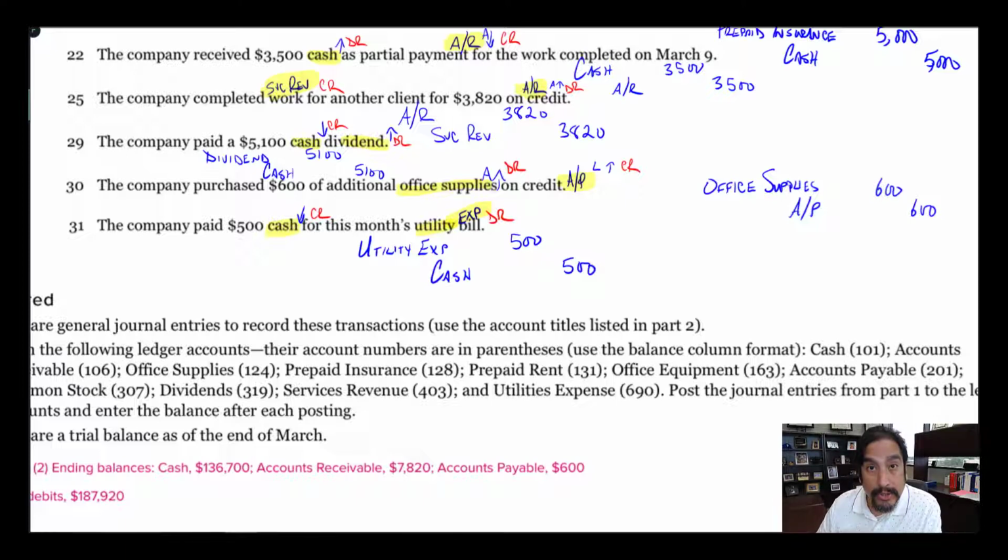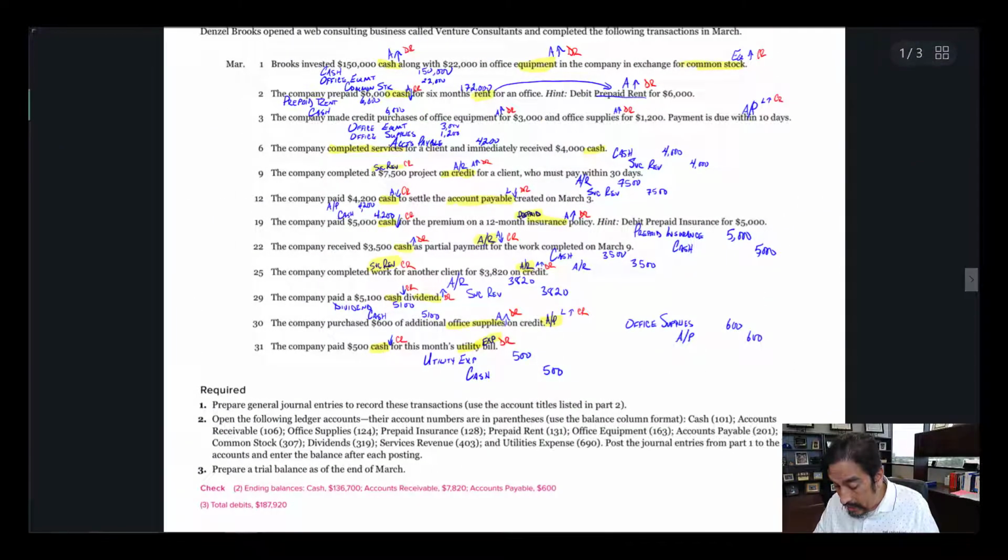Of course, you should be able to go from the sentence to the journal entry. But if you see a journal entry, you should be able to turn that back into an English sentence. You should be able to read the journal entry and understand what happened, what the external transaction was. Okay, so that is requirement 1. Write all the journal entries.